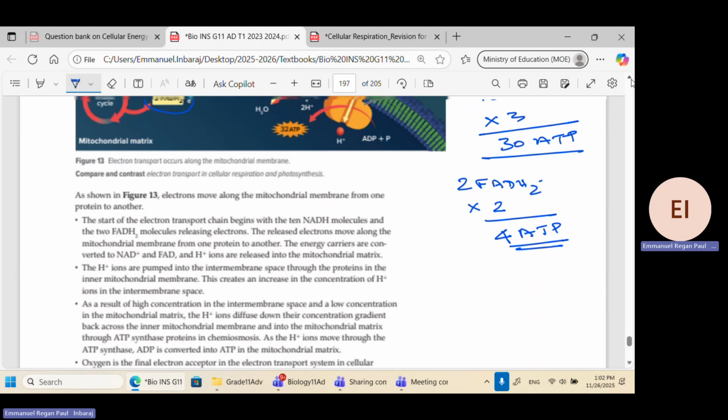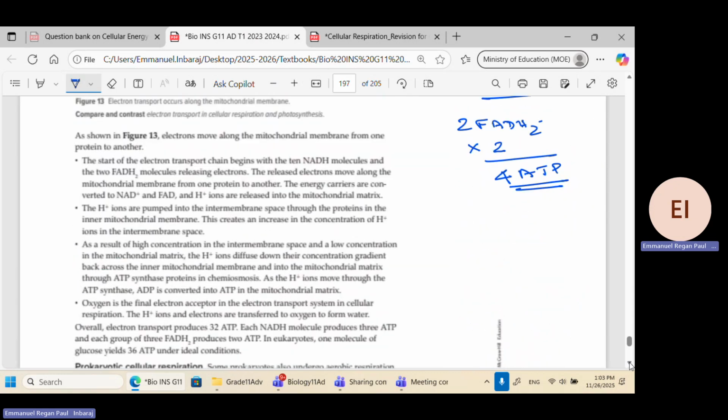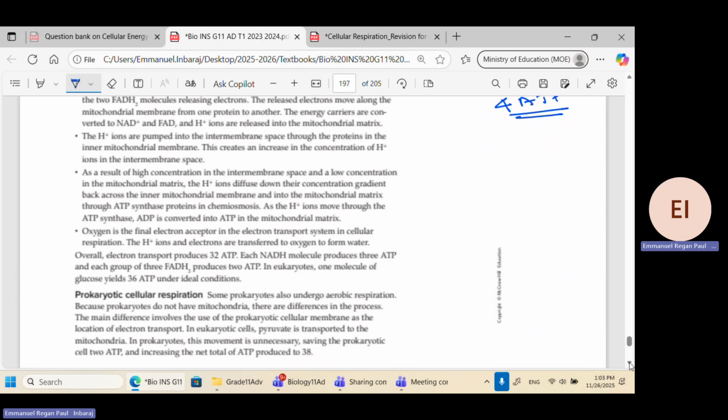It is the same as what we studied in photosynthesis, the electron transport chain. This is the ATP synthase, and this will produce ATP. Here you can see 10 NADH and 2 FADH2 leave the Krebs cycle and start entering the electron transport chain. Now I want you to learn this very carefully.